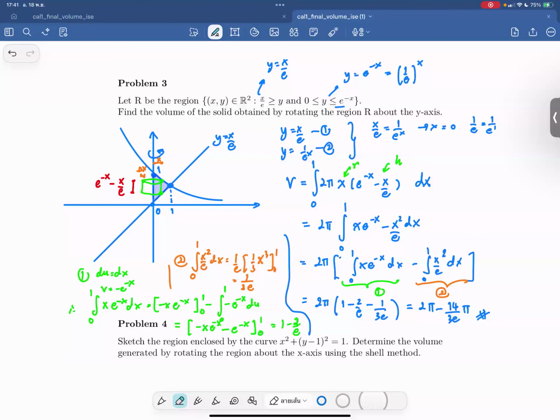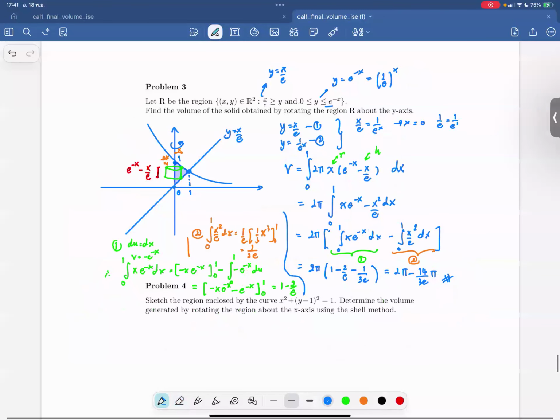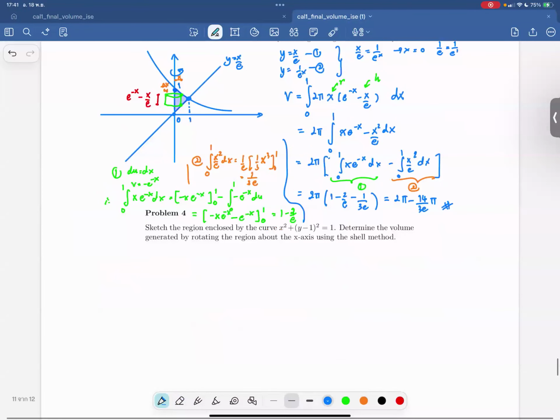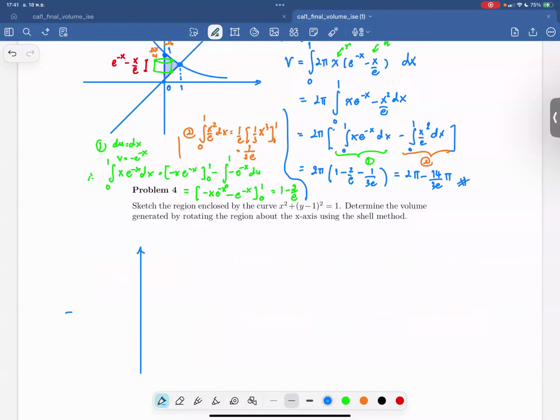So for problem 4, we first get the area. The equation of the curve is the circle with the center (0, 1), and the radius is 1.